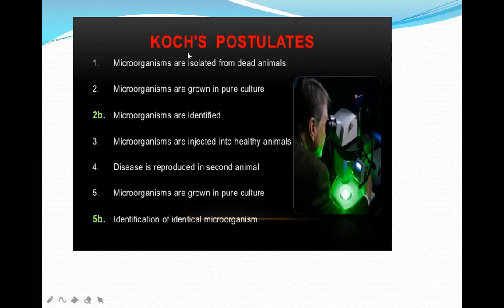So in examination, the question will be asked for 5 marks. If you know what Koch's postulates are, then you will very easily understand which pathogen is responsible for development of which disease. Again, this pathogen is introduced into a new healthy animal or plant, and again they show the same symptoms.